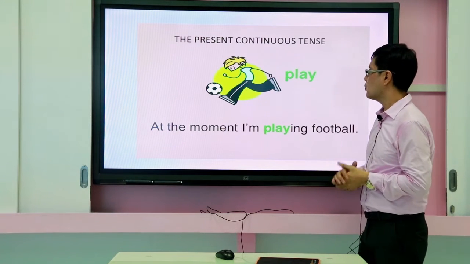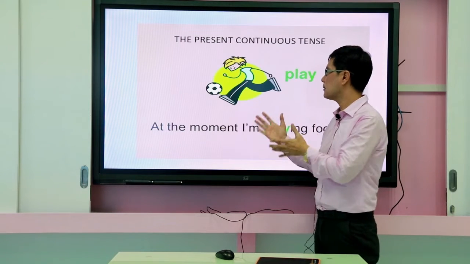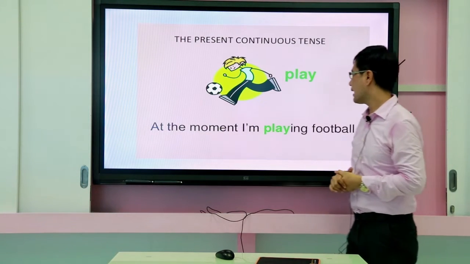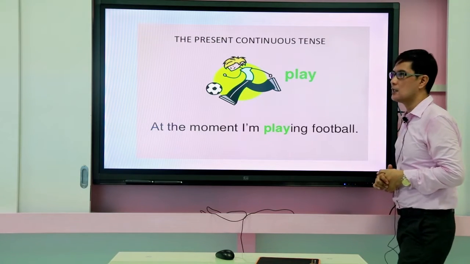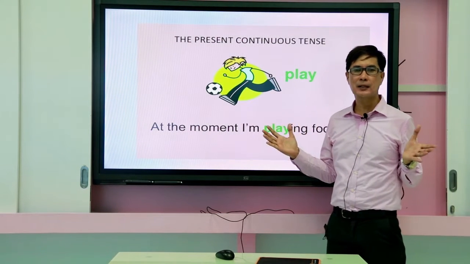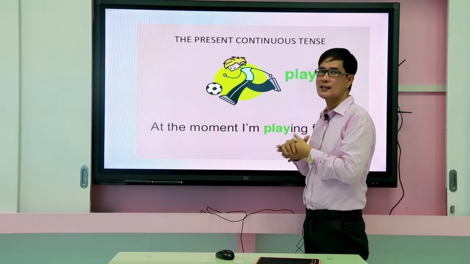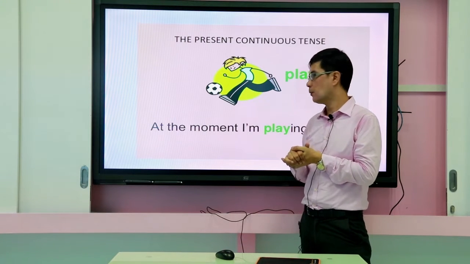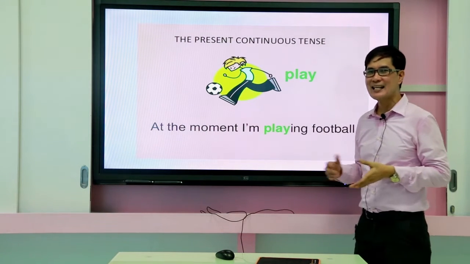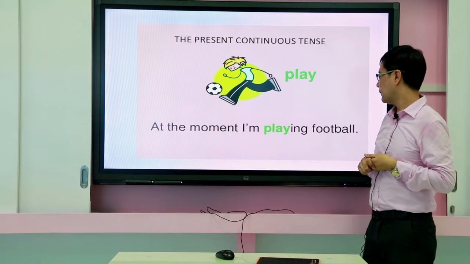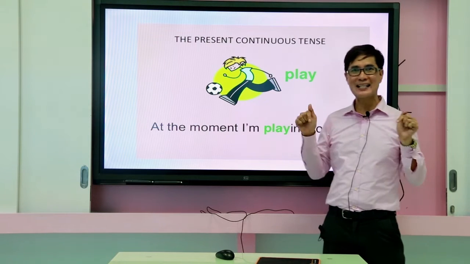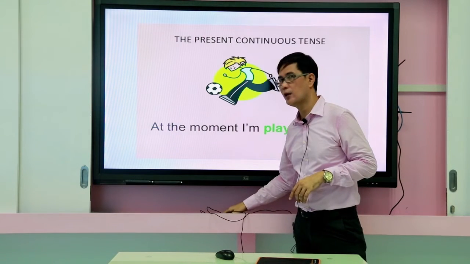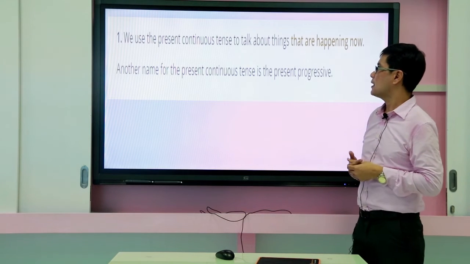If we're going to describe this boy or man: at the moment I'm playing football. Let's say you are the one playing this game, and this game is football. You see, in this sentence, at the moment I'm playing football, it's all about what is happening right now. We'll find out more in this presentation.